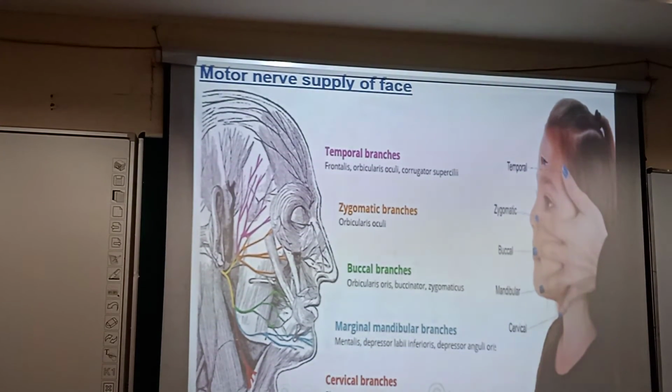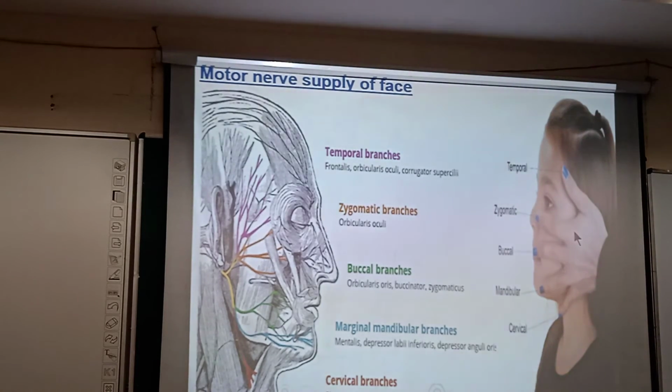The muscles overlying there, that is the upper part of the orbicularis oculi, corrugator supercilii, procerus, frontalis, all these are supplied by the temporal branch of the facial nerve. The zygomatic supplies the lower part of the orbicularis oculi, zygomaticus major and minor, some part, as well as the compressor and dilator nares.